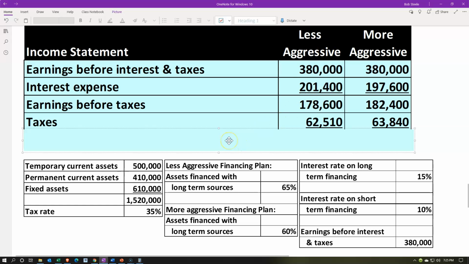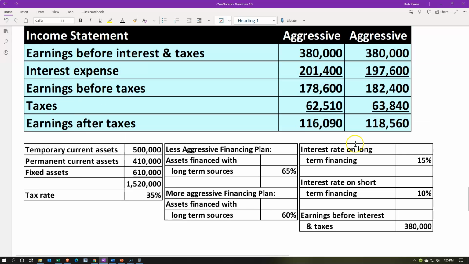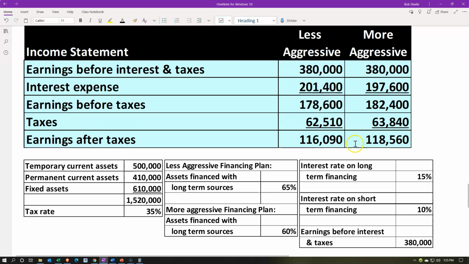Then if we subtract the taxes from the earnings before taxes, we get the earnings after taxes. And once again, if you work this out in Excel, you could start to work these problems and put together different scenarios with them fairly quickly, and be able to do some good projections into the future based on different kinds of assumptions that can be made.